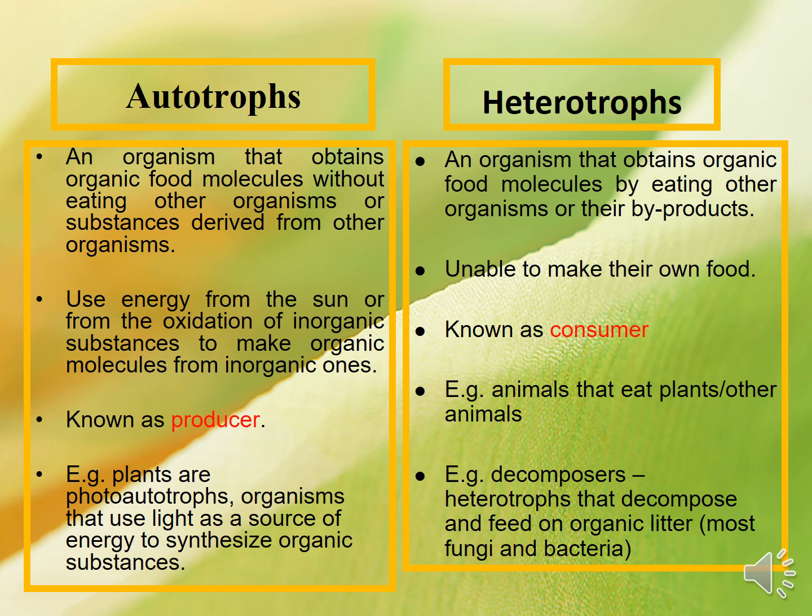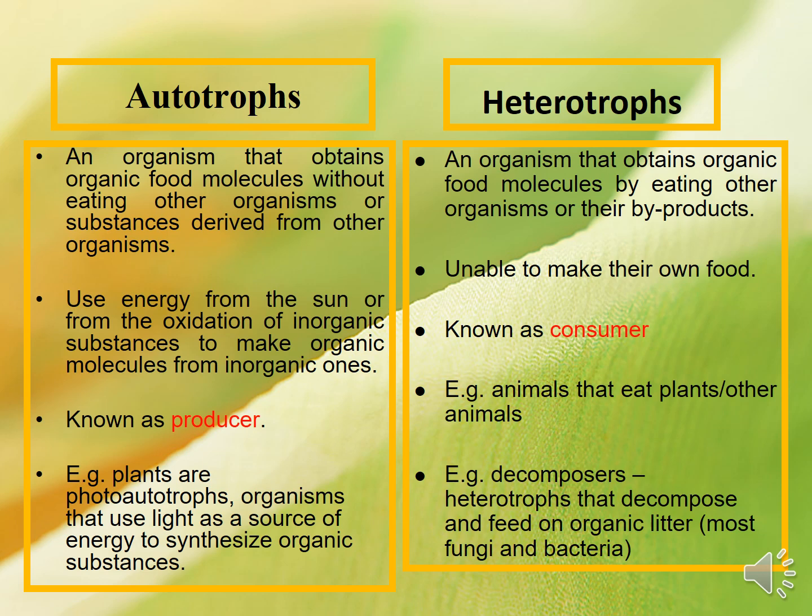Okay, and autotrophs are known as producers. Okay, so heterotrophs we can call consumers. So for this, you can recall your food chain or food web, which has the producer, which is the plant, and different animals as consumers.